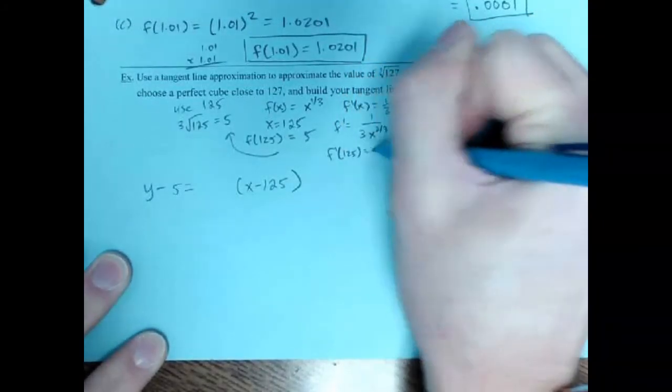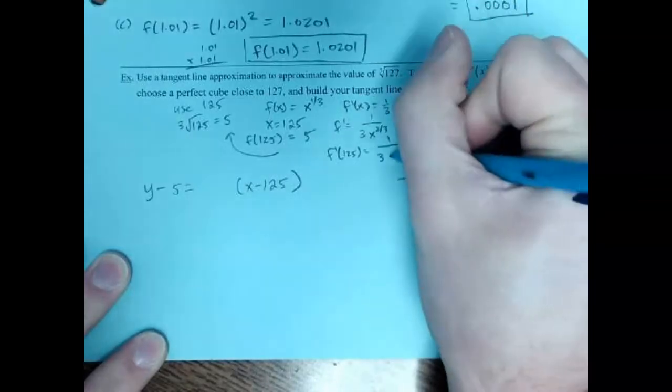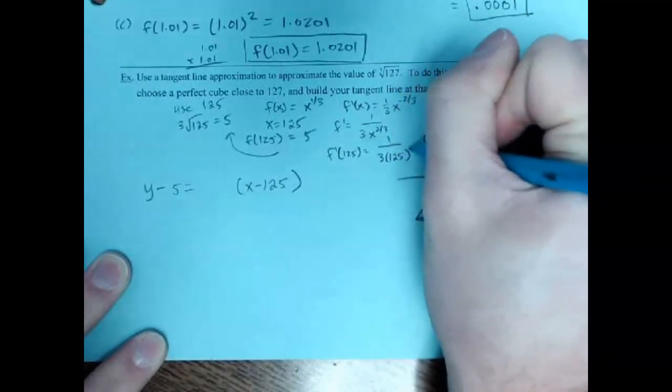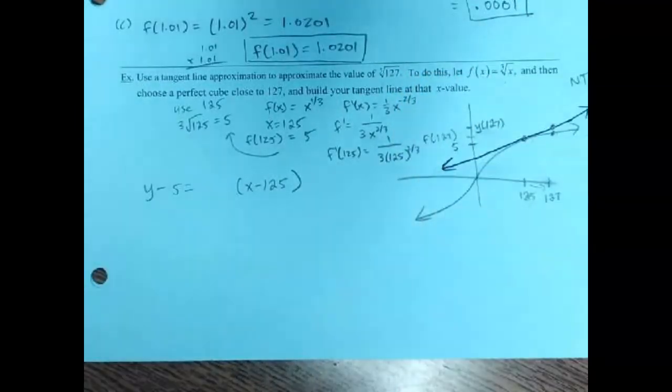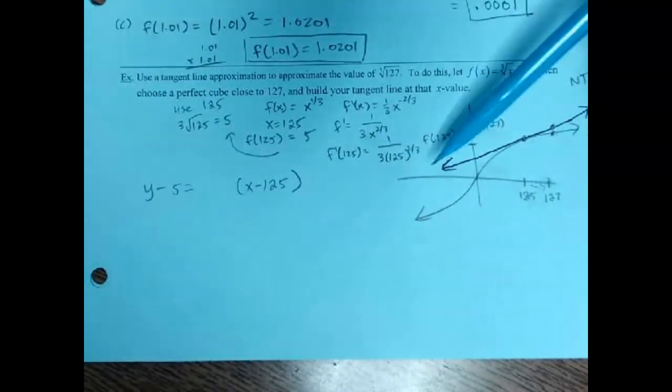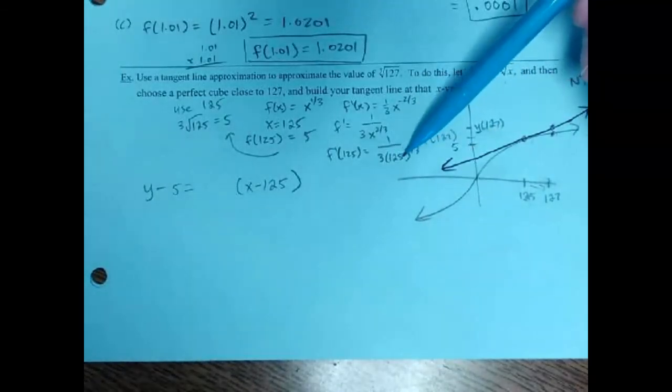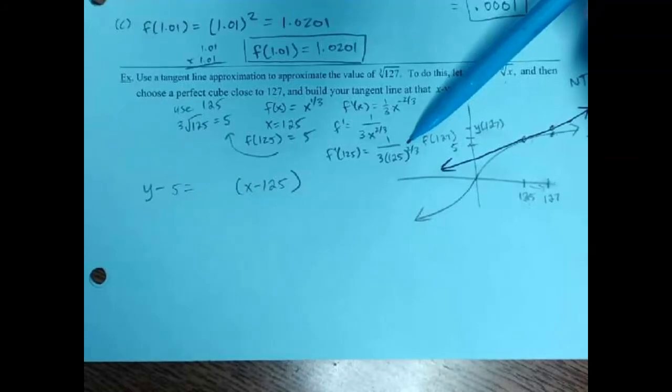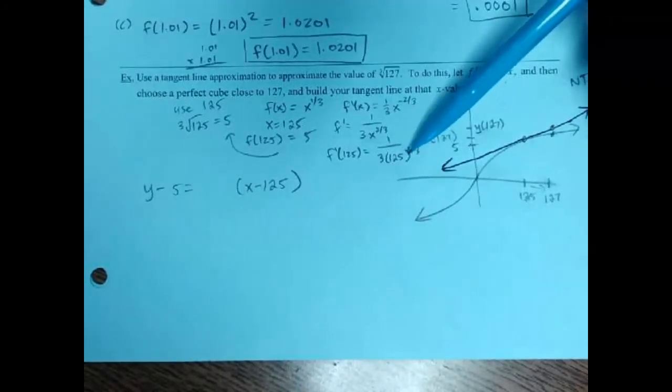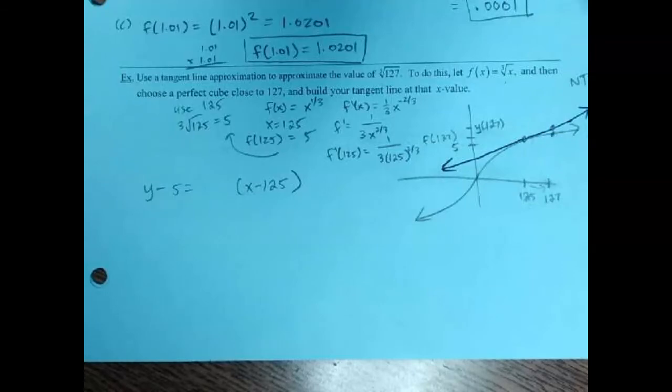So I'd have 1/3, 125 to the 2/3 power. Okay, now there's two ways to do this rational exponent. You can take the 125 and then you can square it, which is going to give you a pretty big number, and then you can try to take the cube root of that really big number. Have fun doing that, right? That's not very easy.